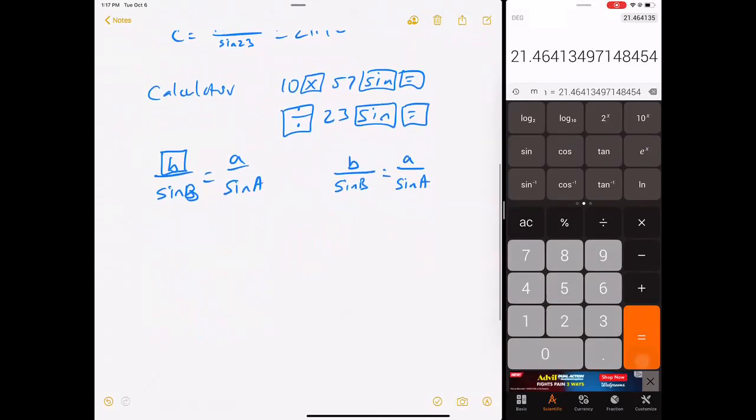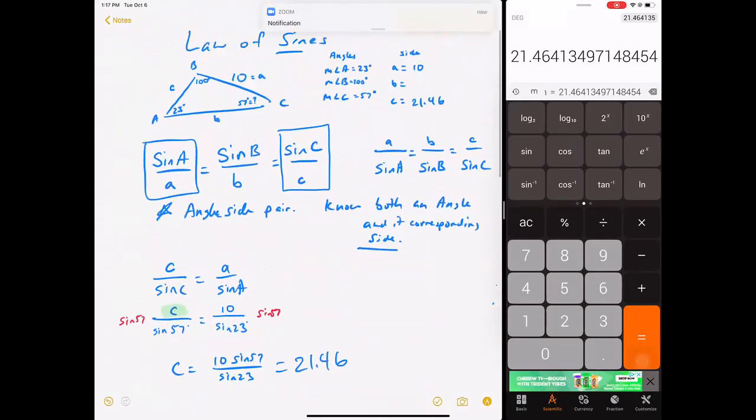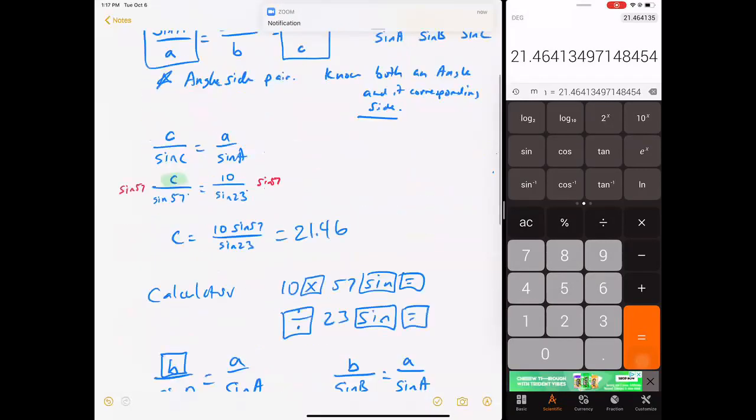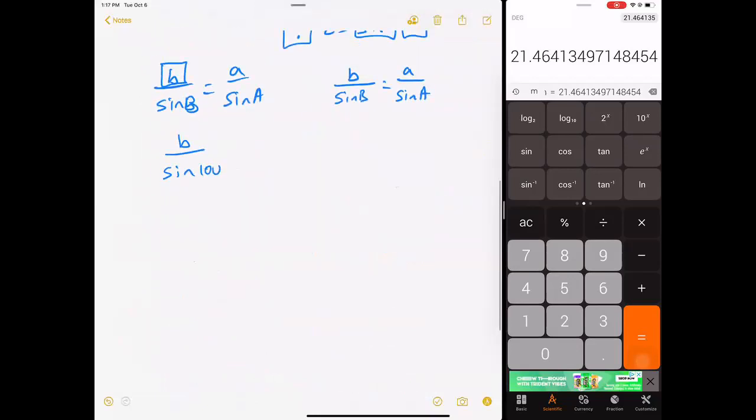Okay. Let's go ahead and plug in what we know. It's B over sine. We said B was angle 100 is equal to, you can start with whatever side you want, but I'll have a hint for you later when we start coming up with issues about which one to start first.